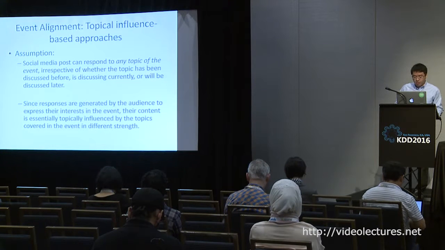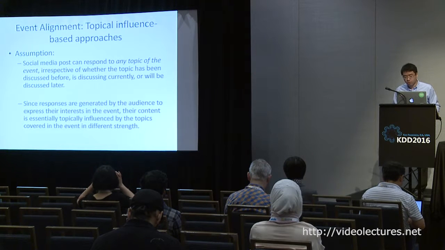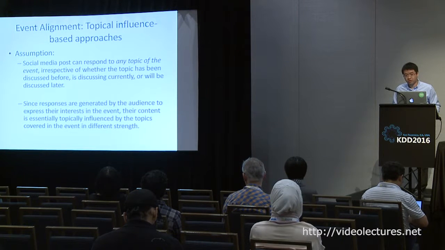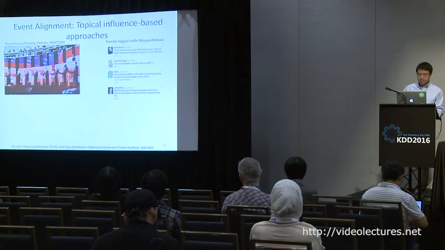So they can be deeply engaged during the event, so their topic inference will be very strong, or they can be lightly engaged with the event. In that case, the topic inference from the event to the tweets will be considerably weaker. Okay? So the problem is, how do we model such topic inference from the event to the tweet, and how do we model the strength of this topic inference? Okay.